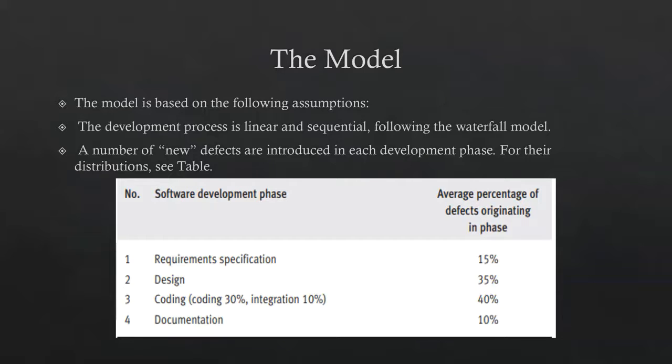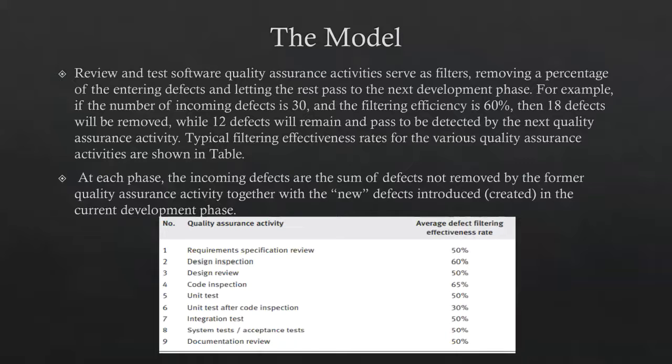This table is the same as our first table. I put it here because I want to clearly show the average percentage of defects originating in each phase. Review and test software quality assurance activities serve as filters, removing a percentage of the inherent defects and letting the rest pass to the next development phase.